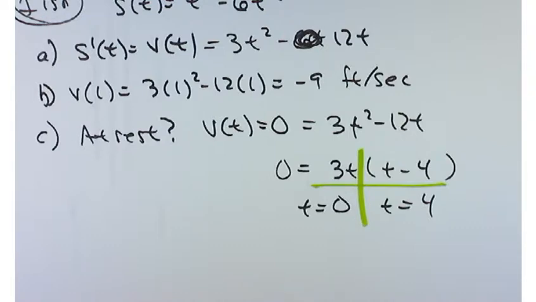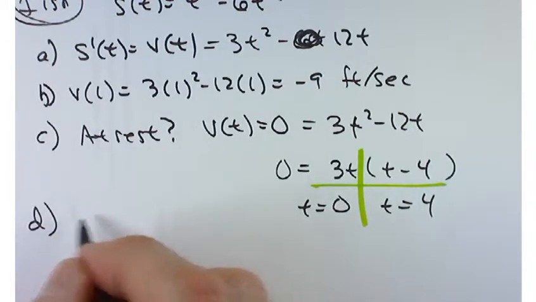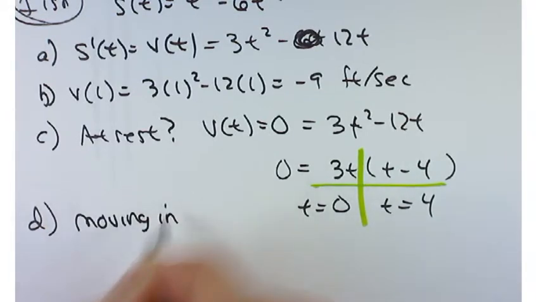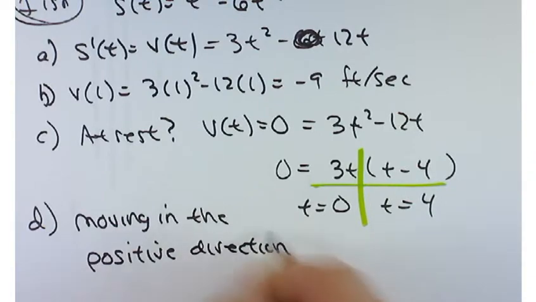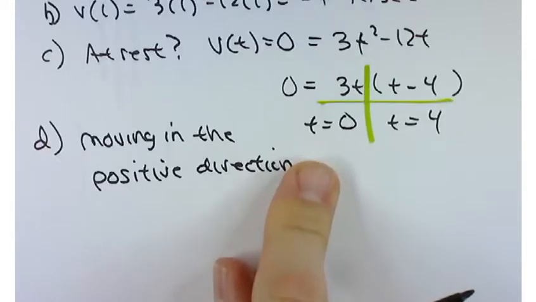It says, when is the particle moving in the positive direction? So what's that going to mean? What has to be greater than 0? Yeah, the velocity has to be greater than 0.